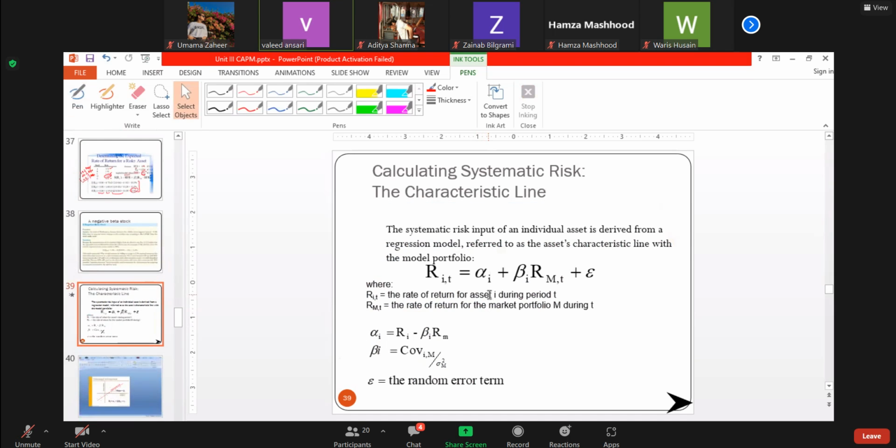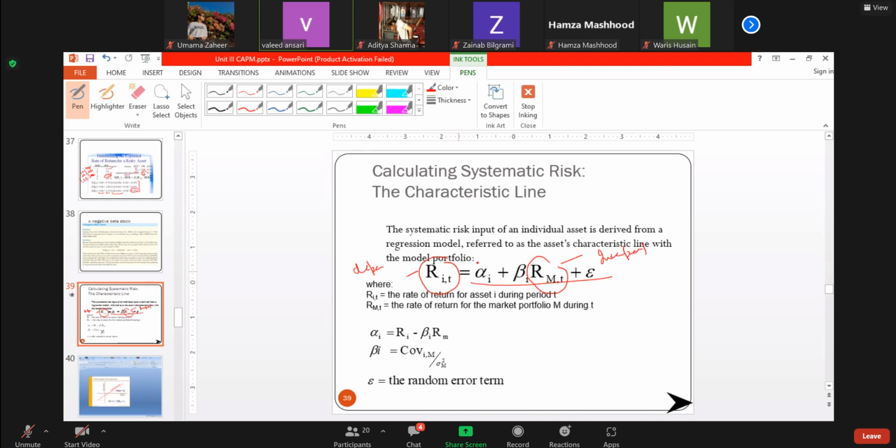Now, how do we calculate beta? You can see this equation. Here on the left-hand side, this is the regression equation, and this is the dependent variable. Whenever we write something on the left-hand side, it is dependent. This is return on market, the independent variable.